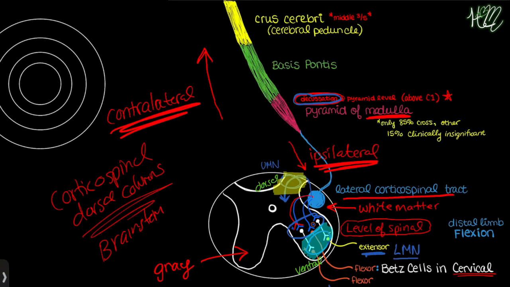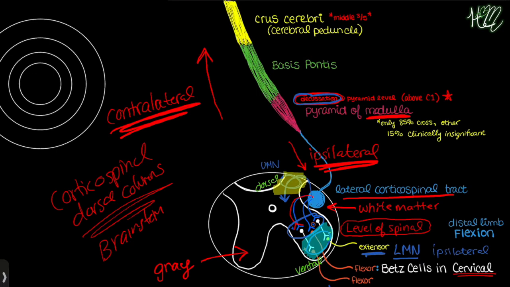And I want you to recognize this. A lower motor neuron will always be the result of an ipsilateral lesion. Now, I hope after what I said that this makes sense to you, because a lower motor neuron lesion will always be below the decussation. Always, always, always.